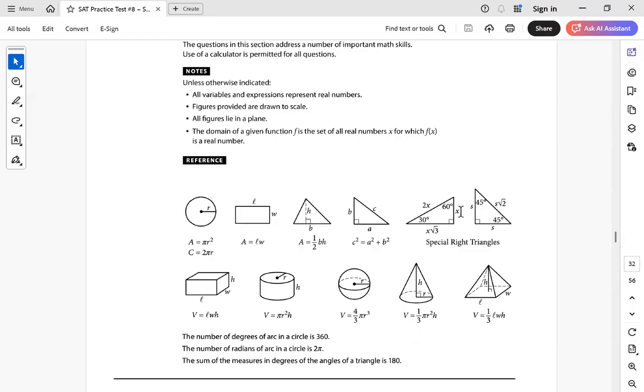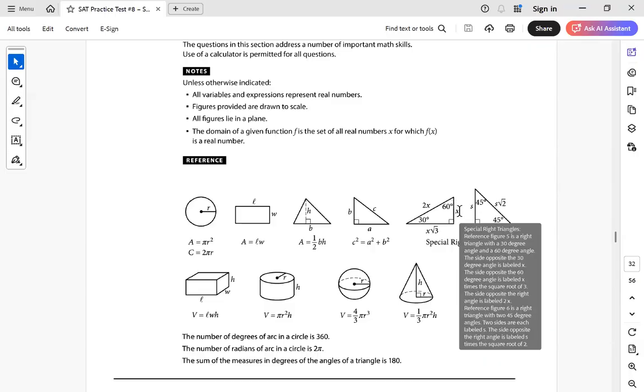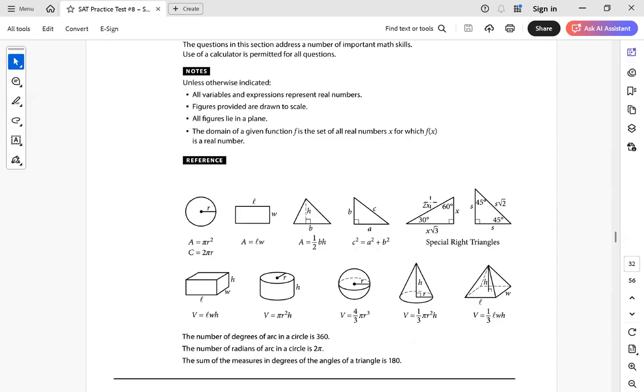The leg opposite the 30 degrees, next to the 60 degrees, is going to be leg length x, and the hypotenuse is going to be 2x. So let's put that together.